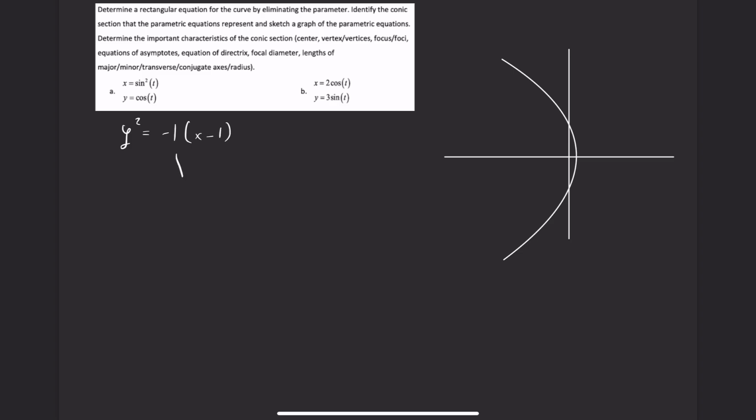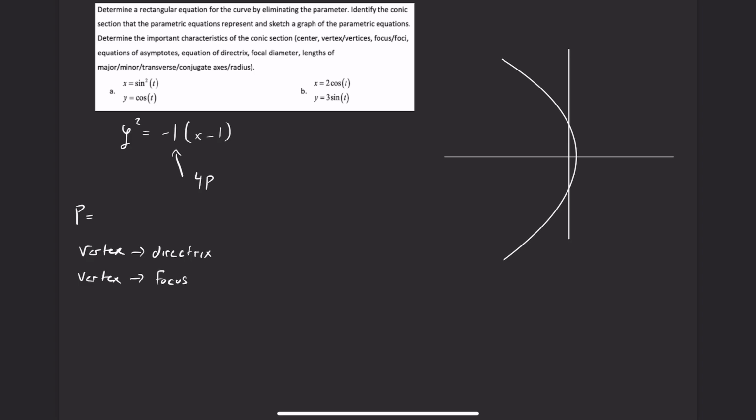Okay, so now let's identify the characteristics. Now, recall that this term right here is equal to 4p. So let's solve for p, because p, as you know, will give us the distance from the vertex to the directrix, and from the vertex to the focus.